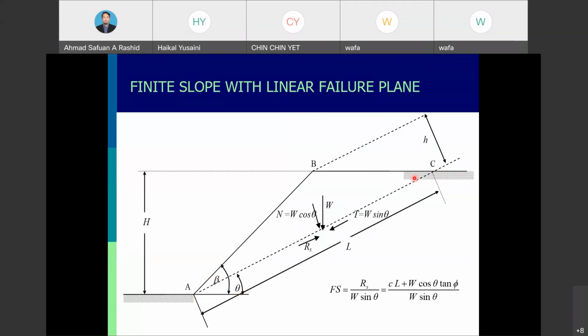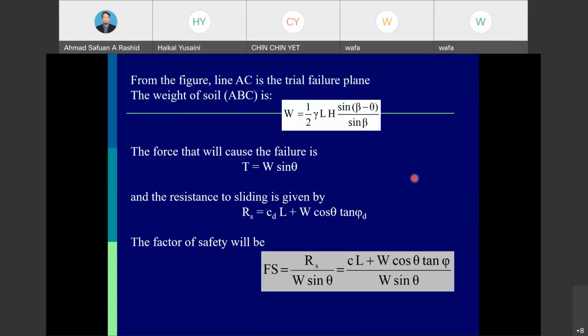If it were a normal triangle, we would normally use half times B times L. But for this case, we need to use this kind of equation: half times gamma times L times H times sine of beta minus theta over sine beta. So that is the W value.